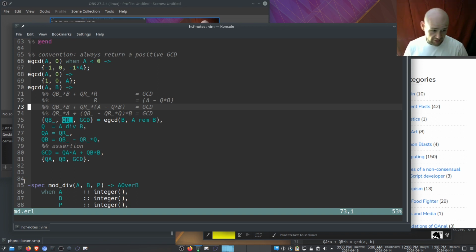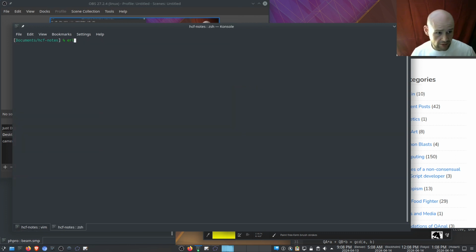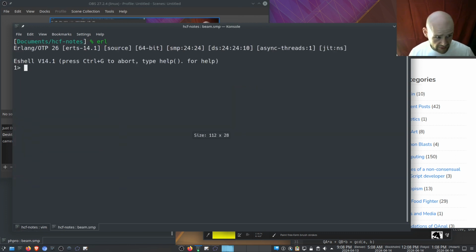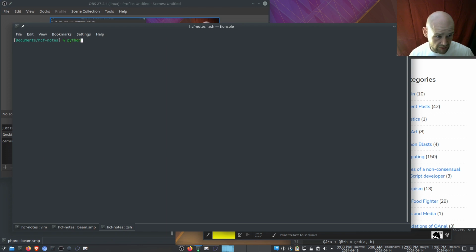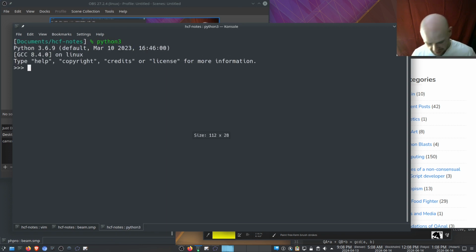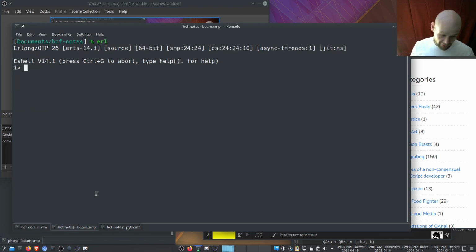That's it. So now here's a thing in Erlang. In most languages, if I say x is equal to 5, x is 5. And then if on the next line I say x is equal to 4, well, x is 4 now. Erlang doesn't work that way.